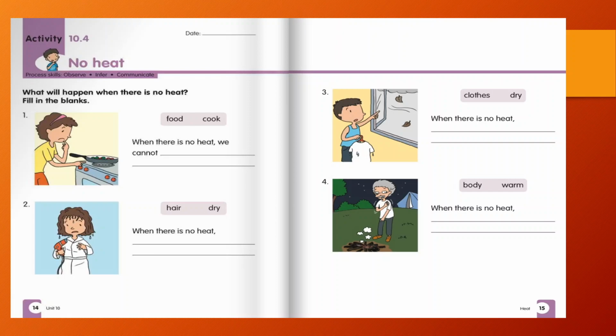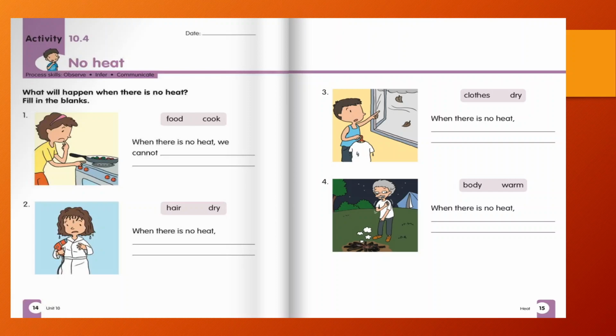Number one, when there's no heat, we cannot cook our food. Number two, when there is no heat, we cannot dry our hair. Number three, when there is no heat, we cannot dry our clothes. Number four, when there is no heat, we cannot warm our body.